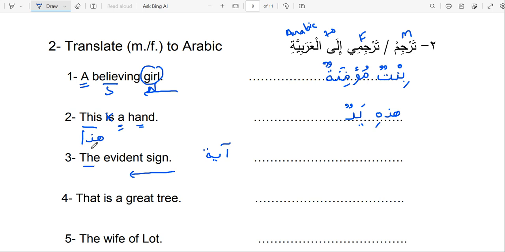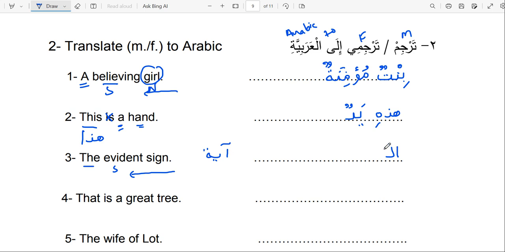What do you call evident in Arabic? Bayyina. You can see this vocabulary in the examples and phrases. So I need to make this a definite phrase. So now al, and now you want to put this hamza, ayah.